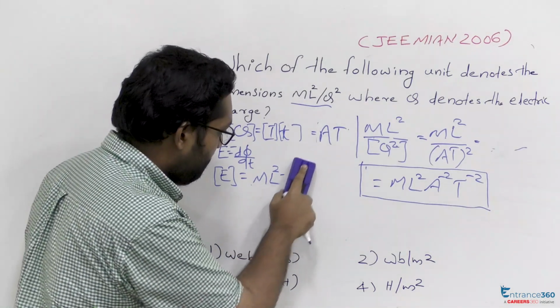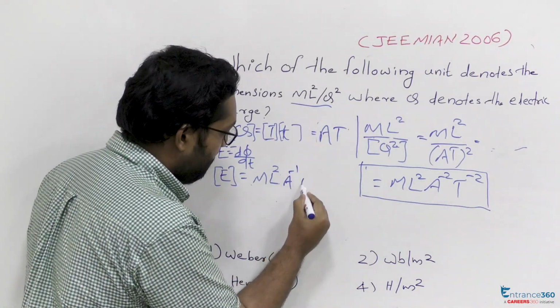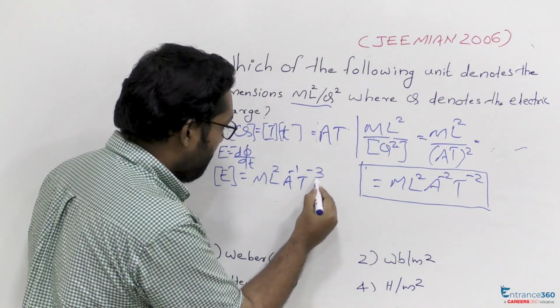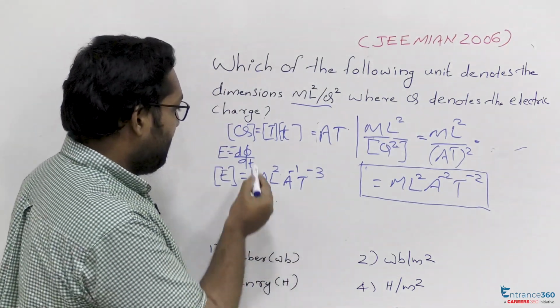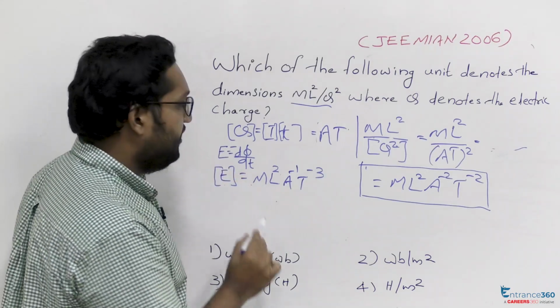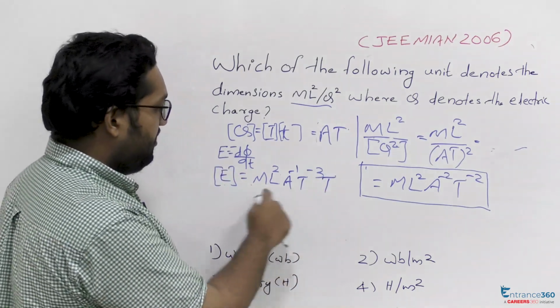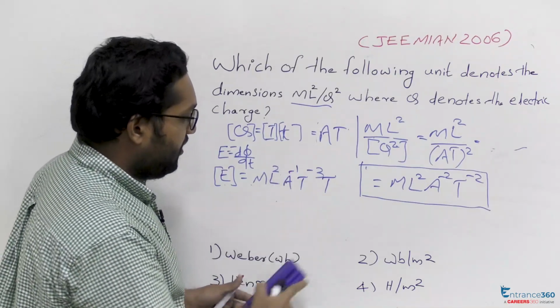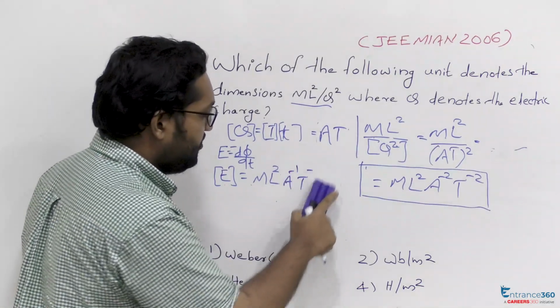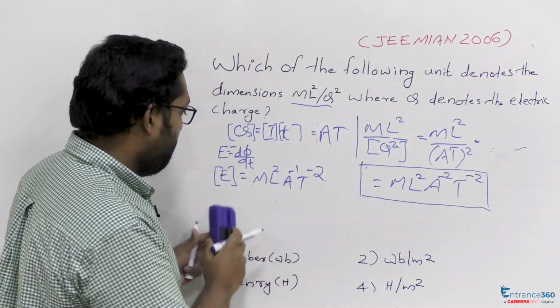And the dimension of flux is dimension of E into dimension of T. The dimension of T is again T. So it will be M L square A raised to minus 1 T raised to minus 2. This is the dimension of flux.